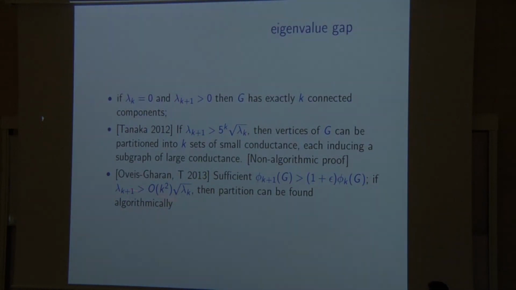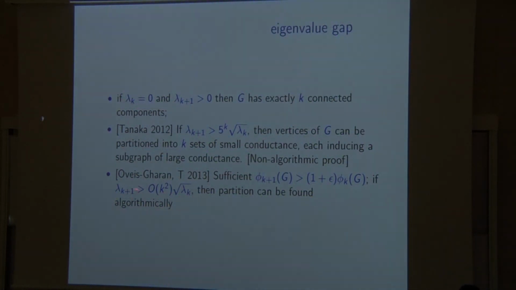What we proved with Cheyenne last year was that if you reason not in terms of lambda k, but in terms of these order k conductance parameters, you just need an arbitrarily small gap, and you can get this kind of conclusion non-constructively. You cannot certify or compute it, and the partition is non-constructive.